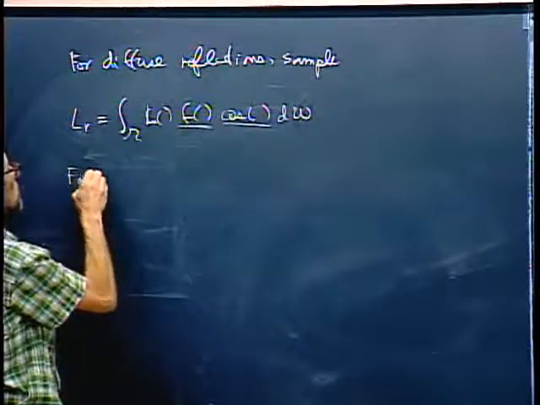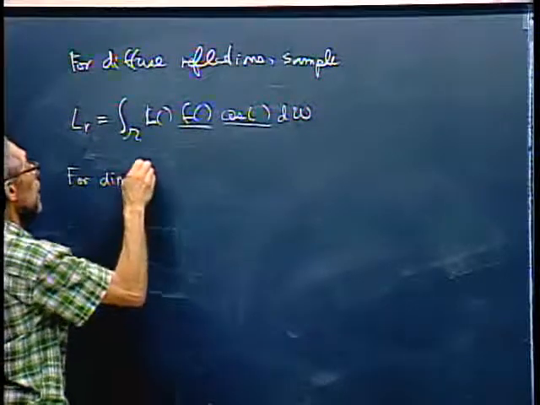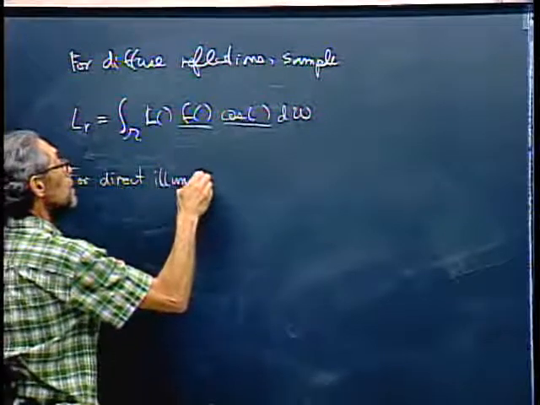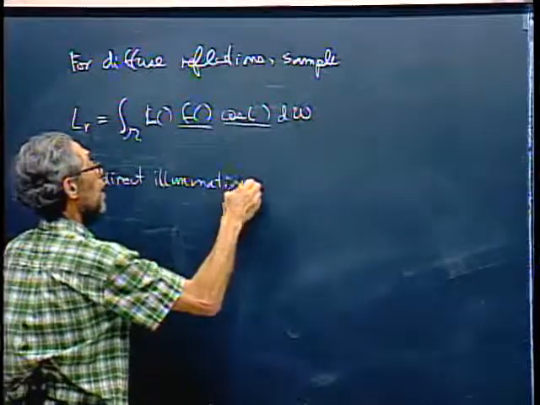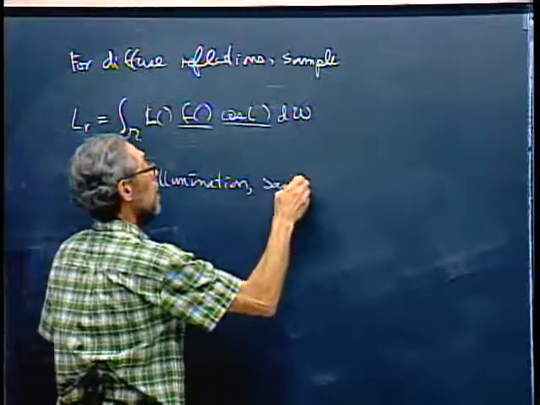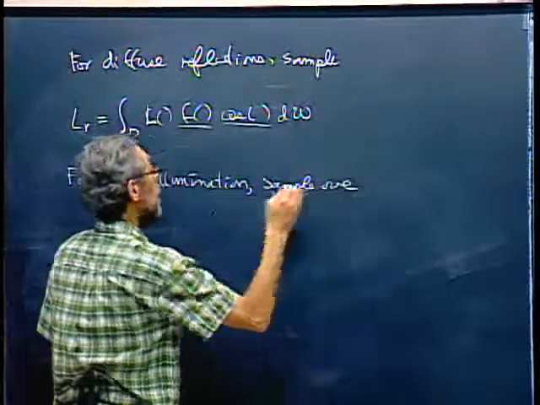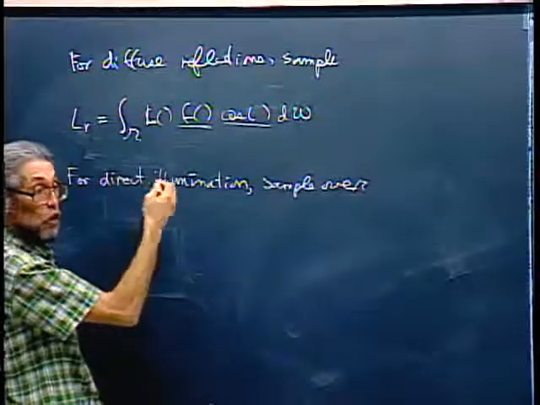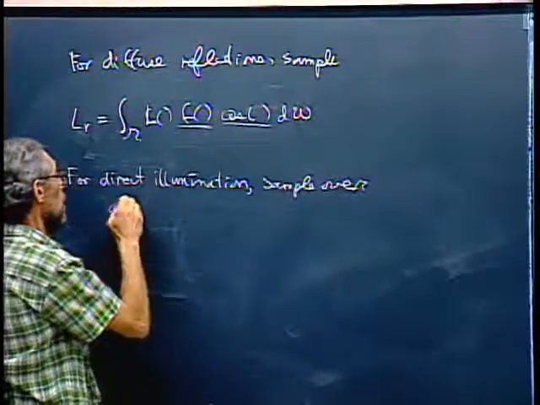And what I said earlier in the period is for direct illumination, sample over area of light sources. Remember, I broke up the direct and the indirect and showed one over the area and one over.